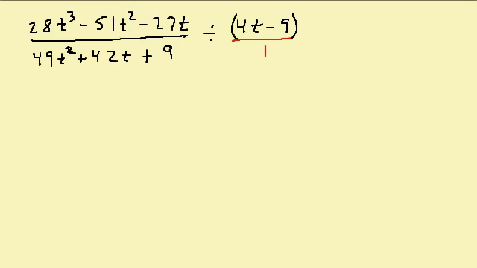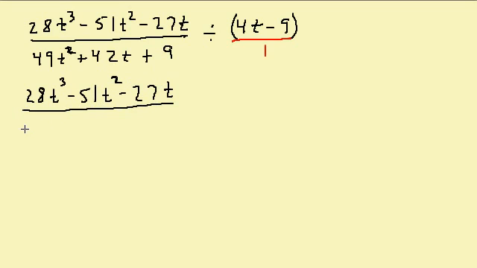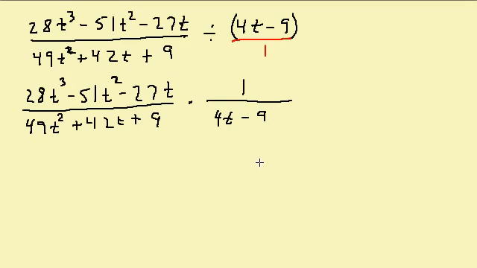Okay, so now we have 28t to the third minus 51t squared minus 27t over 49t squared plus 42t plus 9 times the reciprocal of this, which is 1 over 4t minus 9. So now let's factor.